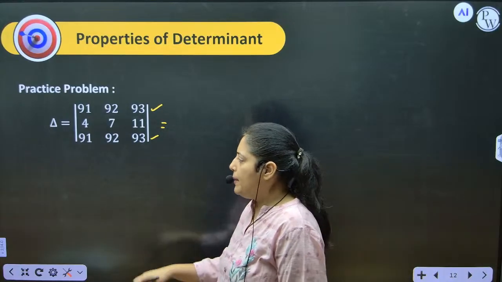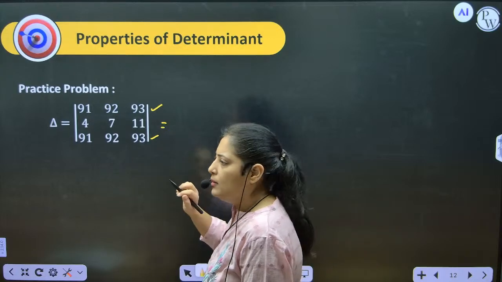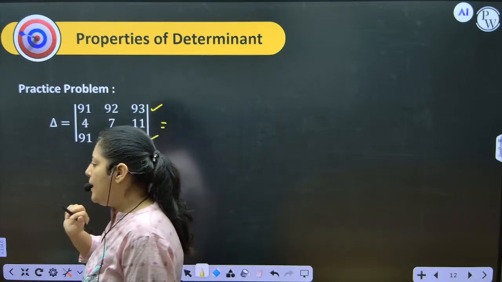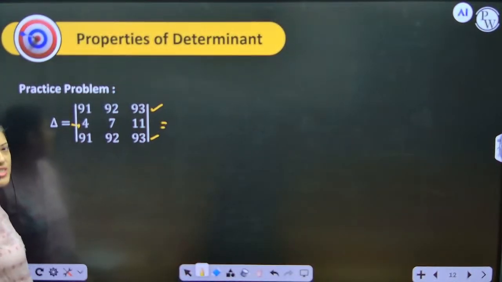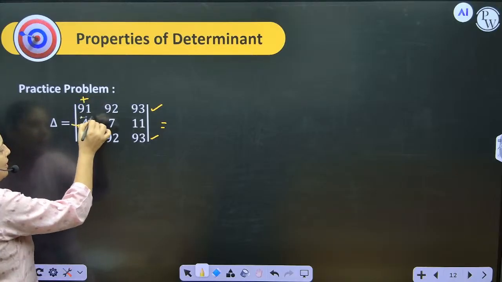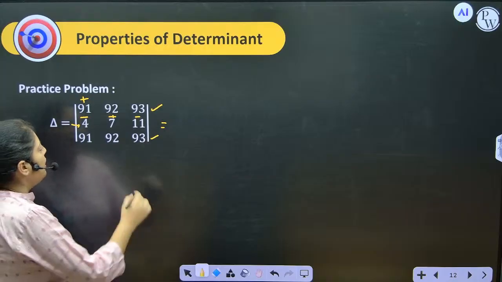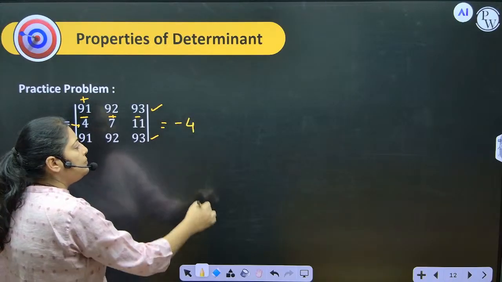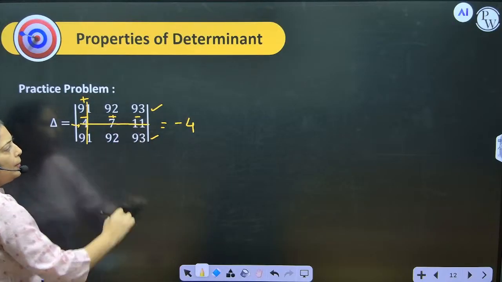Example I'm taking. Suppose I am expanding along the row which is non-identical. This will be plus sign, minus sign, plus sign and minus sign. Minus 4. Now where is it lying? In this row and in this column.